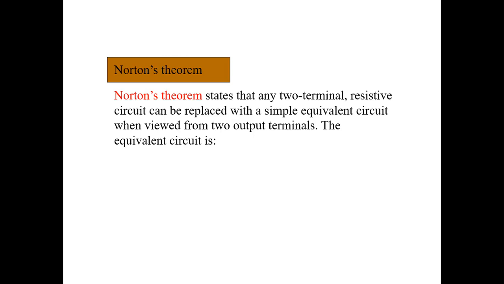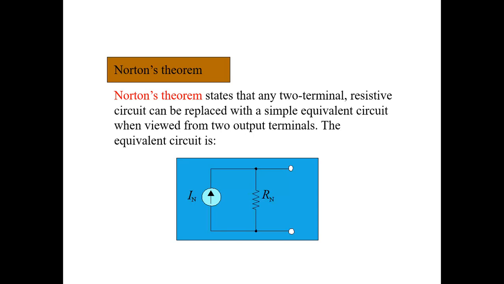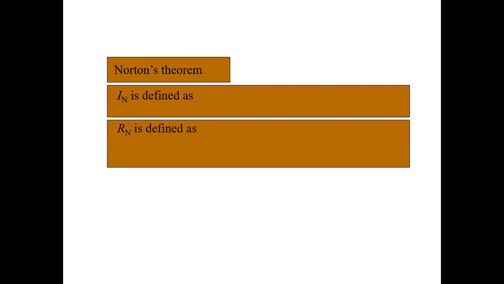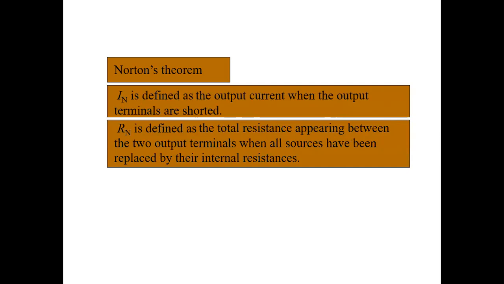The value of that current source is the short circuit current across these two points, and the value of Rn is the total resistance appearing between the two output terminals when all the sources have been replaced by their internal resistance.